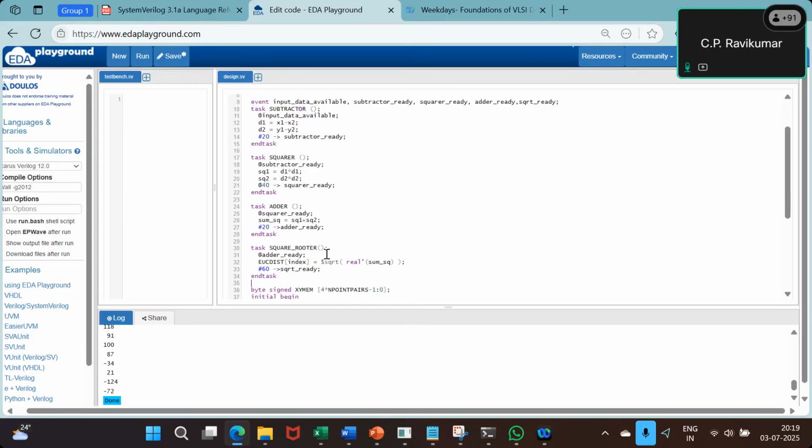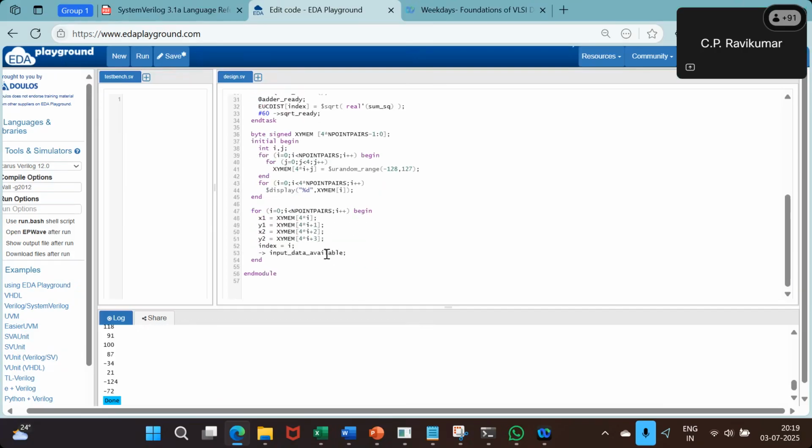Right? And after sending the data, it has to wait for square rooter ready. Okay, so this is the way it will go.